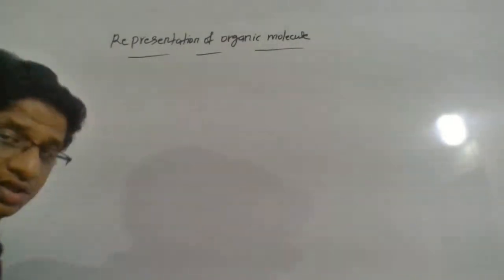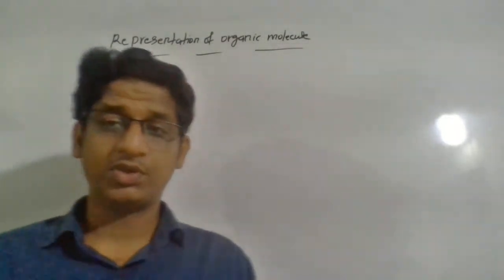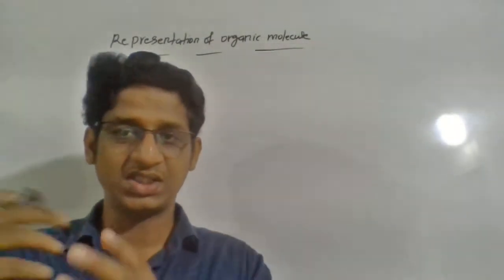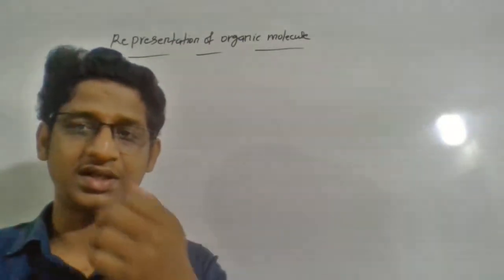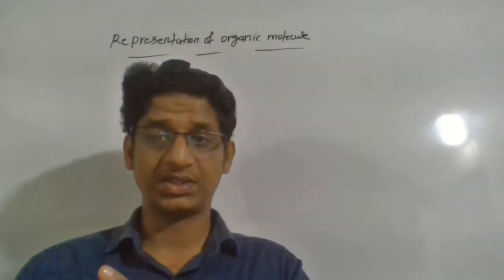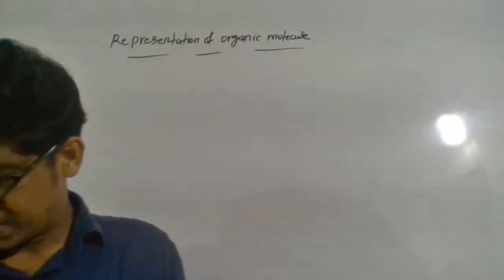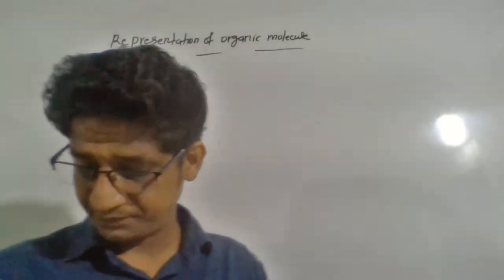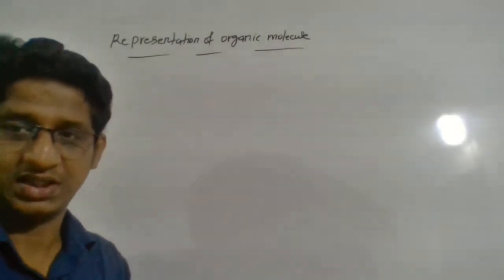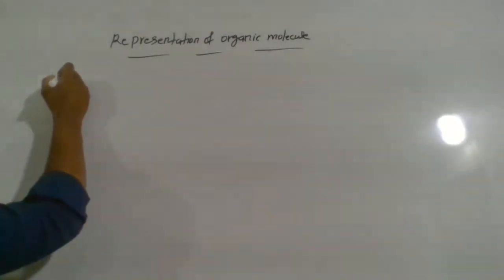How can you represent molecules which have different spatial arrangements? How can you understand that? So let me start with the simplest one. There are three representations that I am discussing here. First one, the flying wedge representation.